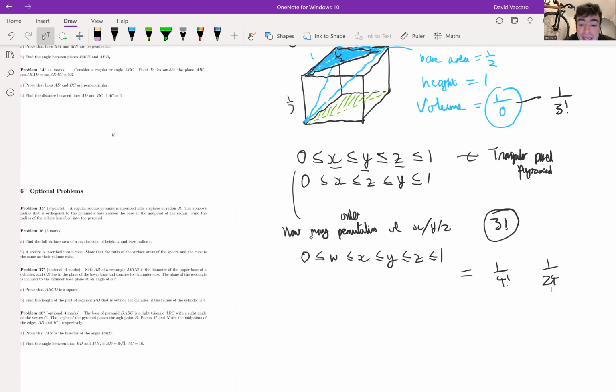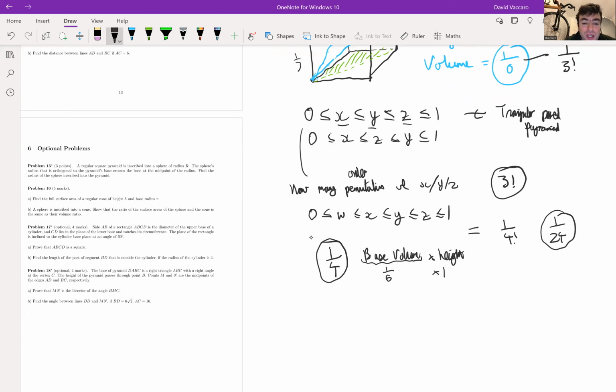Well, it's going to be base volume times height times some factor. The base volume is just the volume of my pyramid, which is 1/6. The height is 1, and the factor that I need out the front to make everything correct is 1/4.